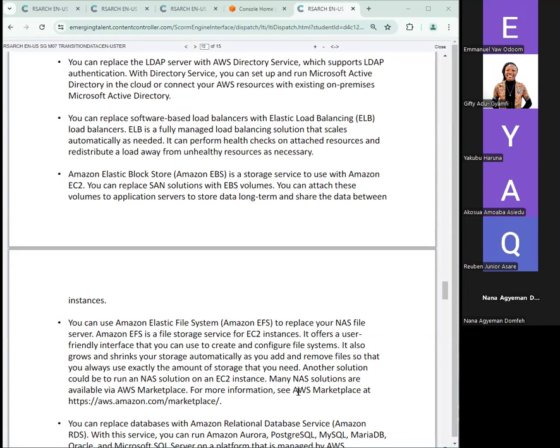EBS multi-attach. You can attach an EBS volume to multiple instances, but I feel like it's beyond this class. But since it is in your slides, then I think we should just go with that. So these instances would be able to share that, because you can replace SAN solutions with EBS volumes.